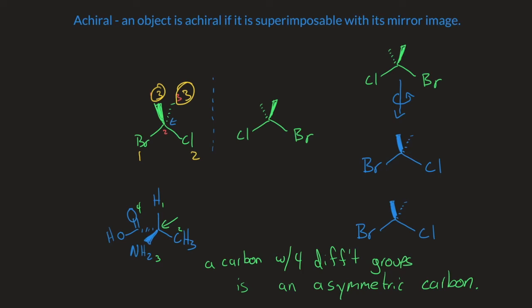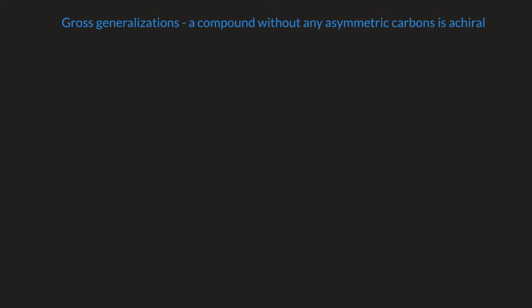If 2 of the substituents on a carbon are the same, often its mirror image is going to be superimposable with itself. I want to give you some gross generalizations and probably provide a couple of counterexamples here and there. But in general, a compound without any asymmetric carbons is going to be achiral.